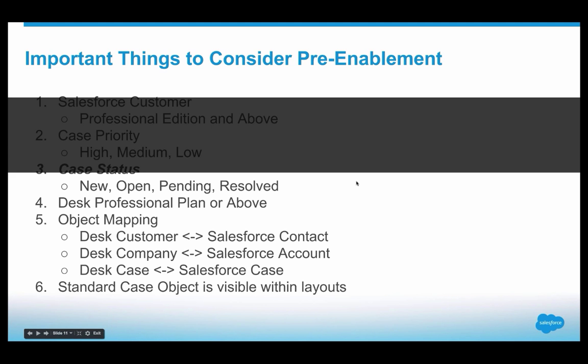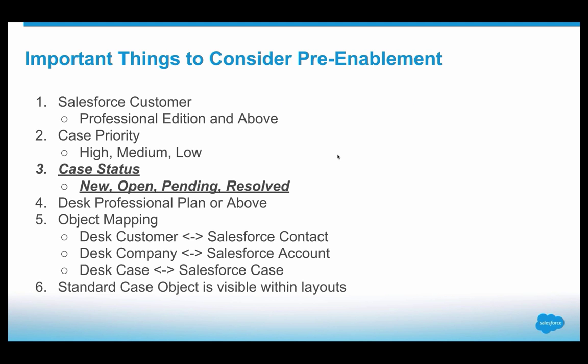The other field in Salesforce that we're going to check is the case status. As a Salesforce system administrator, we need to go into setup and make sure that the case priority and the case status have the correct values.